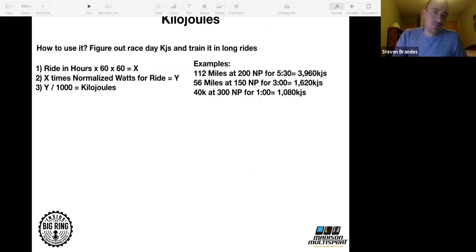So I'm going to get a little bit into kilojoules. It's a big word. I'm sure a lot of people have never even heard of the term kilojoules before this meeting. Your kilojoules is the energy that whatever ride you're doing takes.